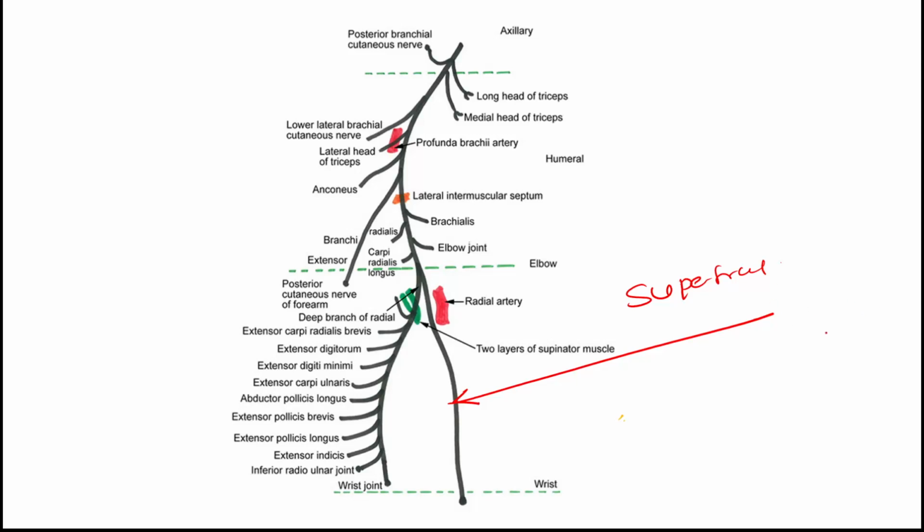This is because of nerve compression, as the superficial nerve lies very close to the skin, and this is known as Wartenberg syndrome. Something extra for your knowledge, but still it's another possibility.